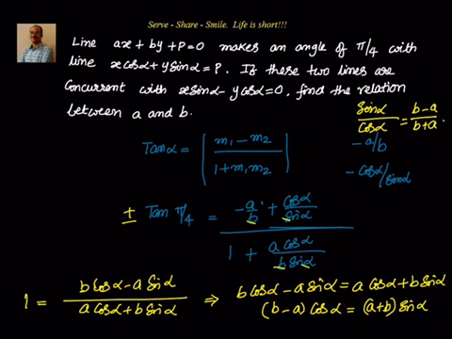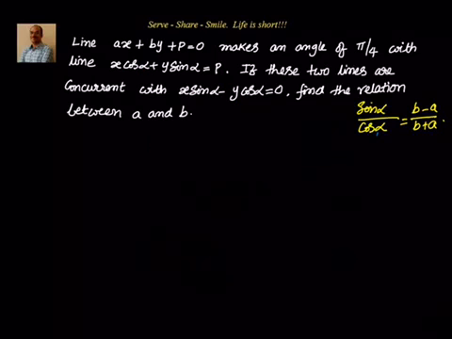Now we have been told that all these three lines are concurrent. So let us say that x1, y1 is a point which satisfies all these three lines. Let's go ahead with that. Now let's take the second and third lines. Our lines are x cos alpha plus y sin alpha equal to p, and x sin alpha minus y cos alpha equal to 0.